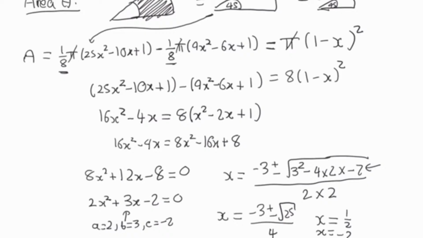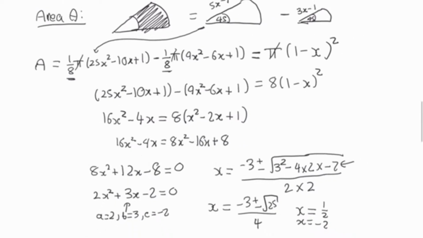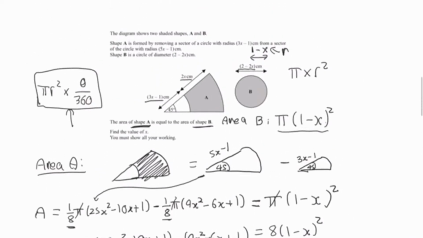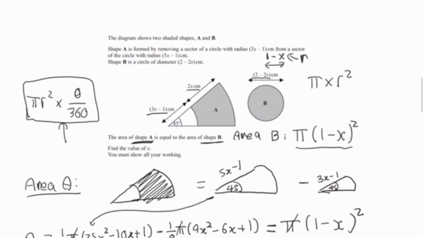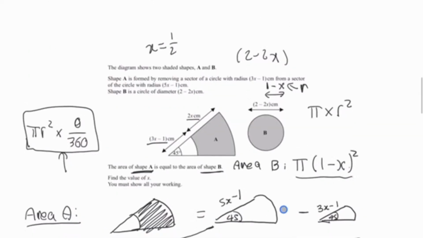Now, if we remember what x actually represents, because it feels like we've been doing this question forever, if we look at the circle, 2 minus 2x is telling us the diameter of a circle. So we want to decide whether x is equal to a half or x is equal to negative 2.